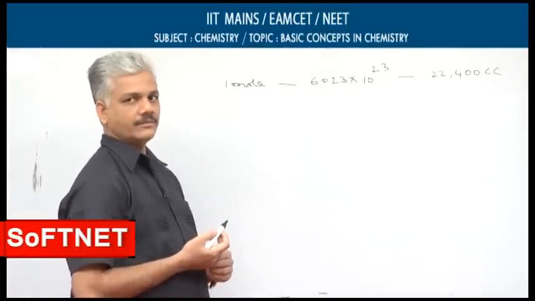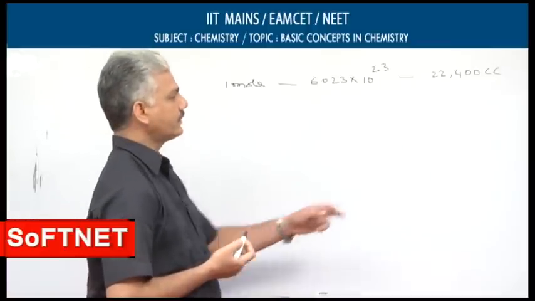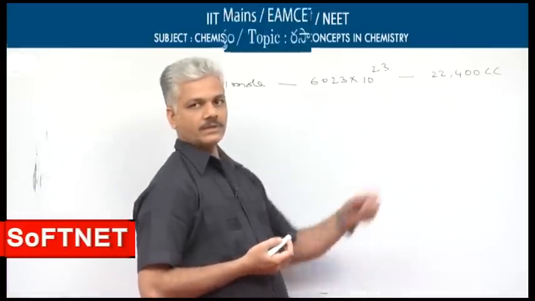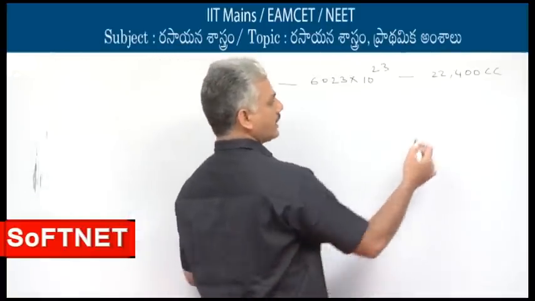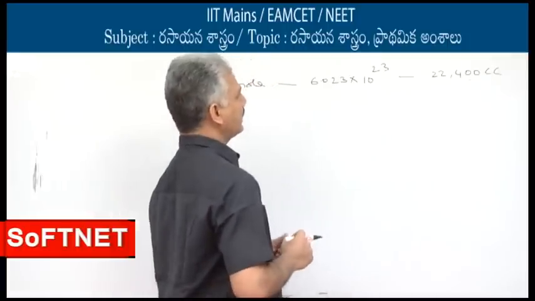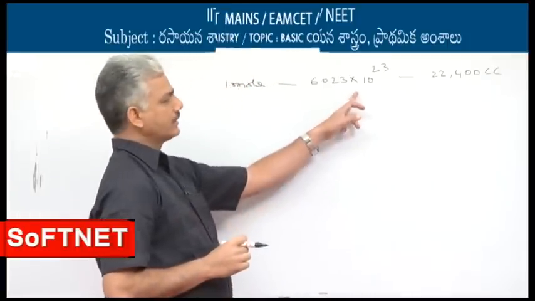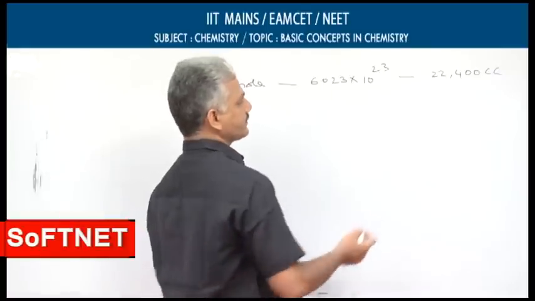In the given problem, volume is given in terms of cubic centimeters. Therefore, we are taking the gram molar volume in terms of cubic centimeters. Now, reverse calculation has to be done. 22,400 cc of a gas will consist of 6.023 into 10 power 23 molecules.